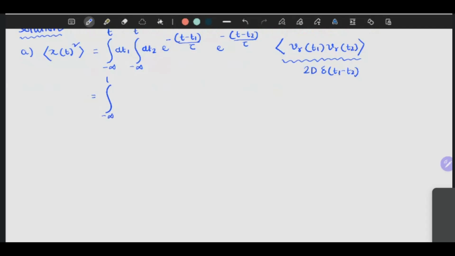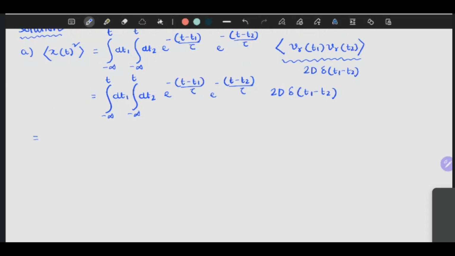So then this becomes integral minus infinity to t dt1, integral minus infinity to t dt2, e to the power minus (t minus t1) by tau, e to the power minus (t minus t2) by tau, 2D delta(t1 minus t2).